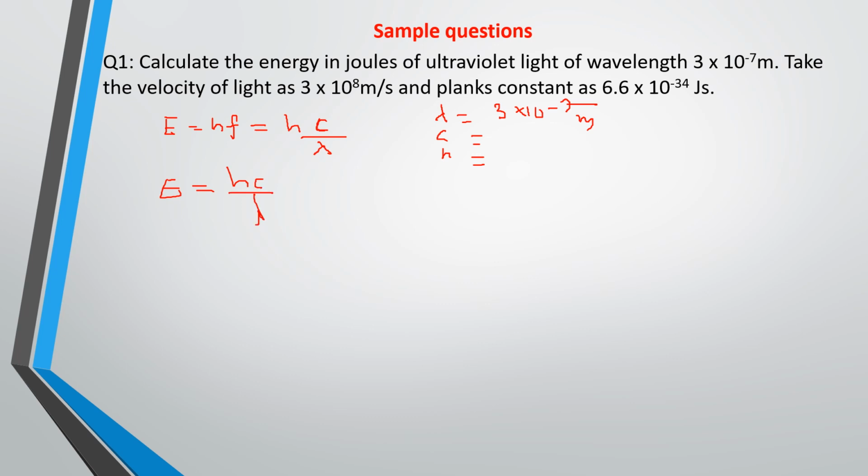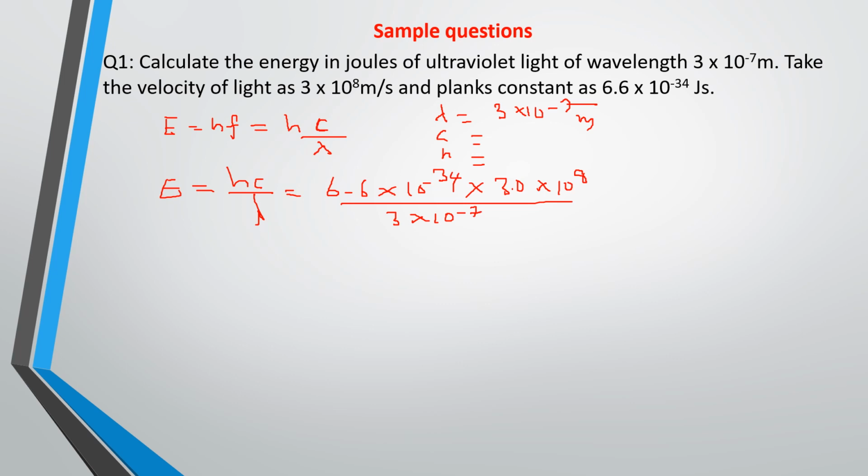You will have 6.6 times 10 raised to power minus 34, multiplied by 3.0 times 10 raised to power 8, divided by the wavelength that is given to you, which is 3 times 10 raised to power minus 7.